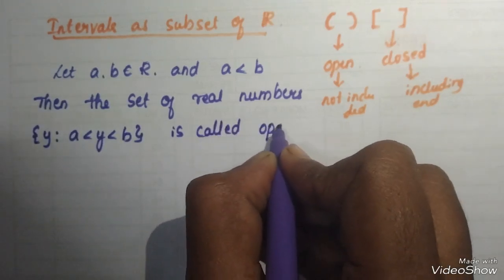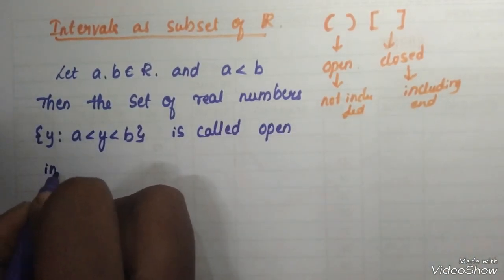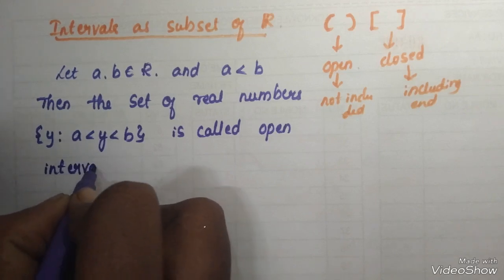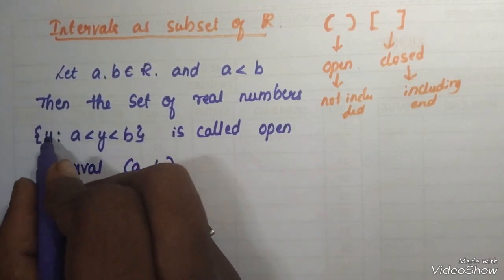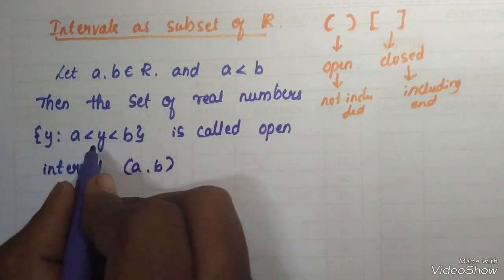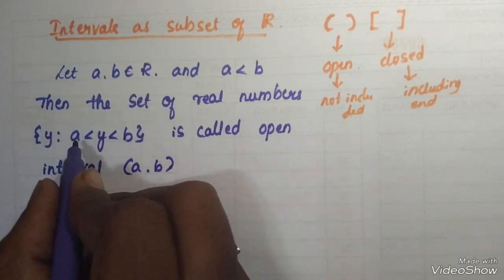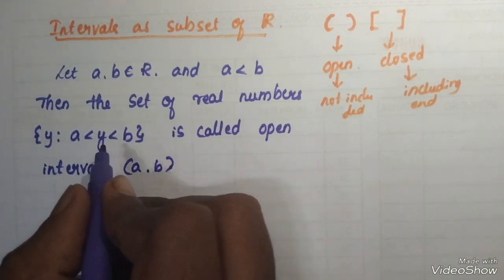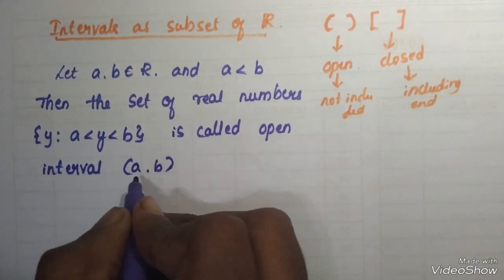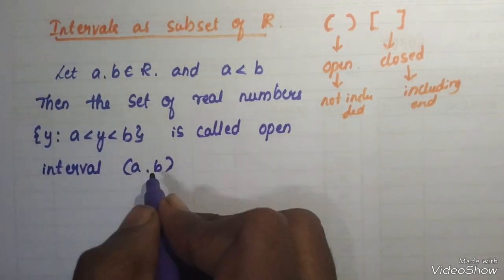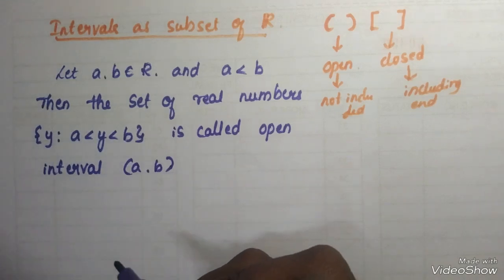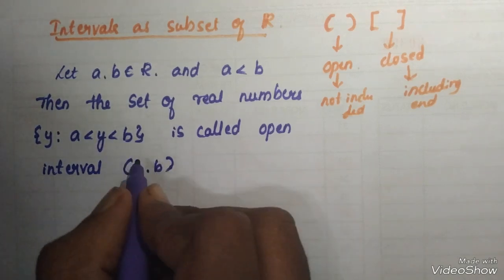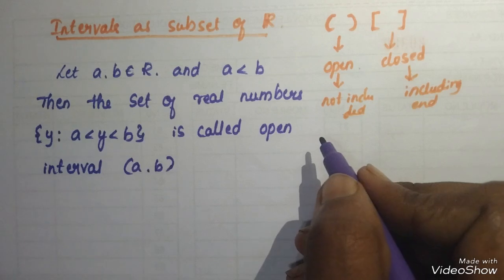open interval (A, B). It means there is a number in between A and B, and that number is not equal to A or B. Therefore the interval is called an open interval.